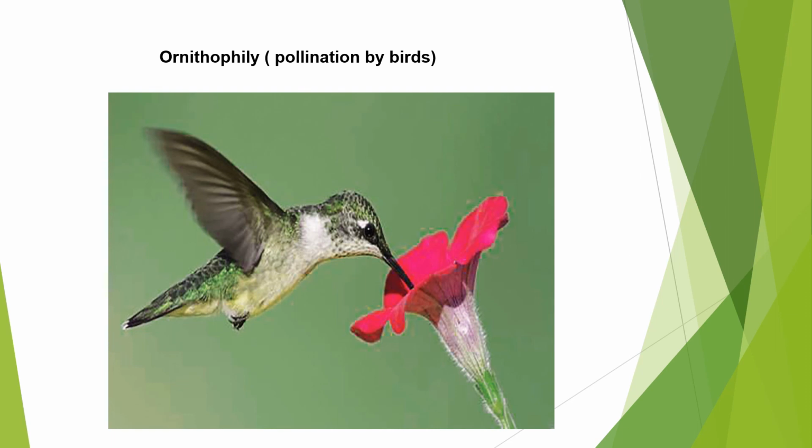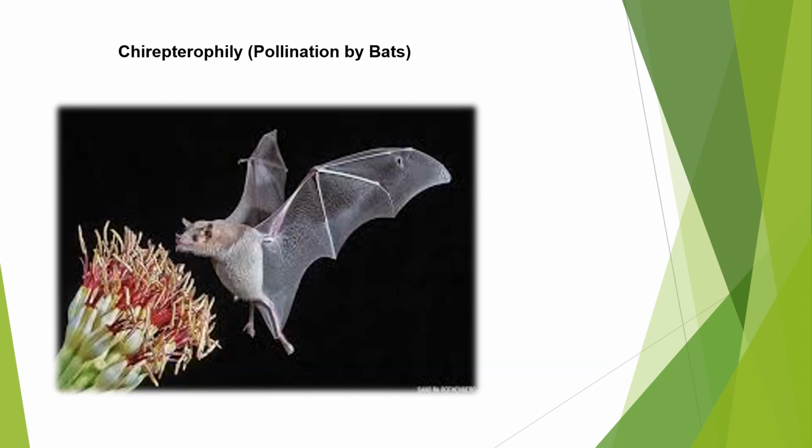Flowers do not have smell because birds have a poor sense of smell. And in chiropterophily, that means pollination by bats, flowers are large, having a bad smell, just like a rotten fruit smell, but the flower produces edible pollen grains in large amounts to attract the bats.